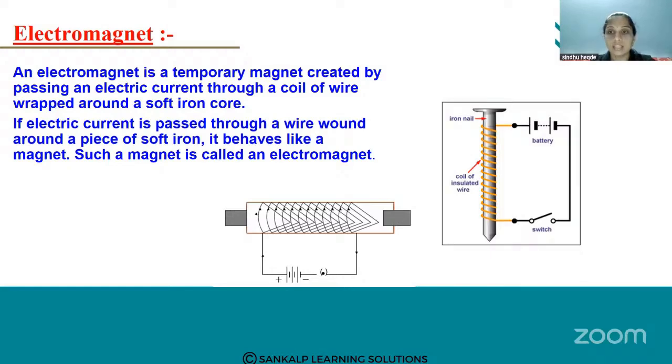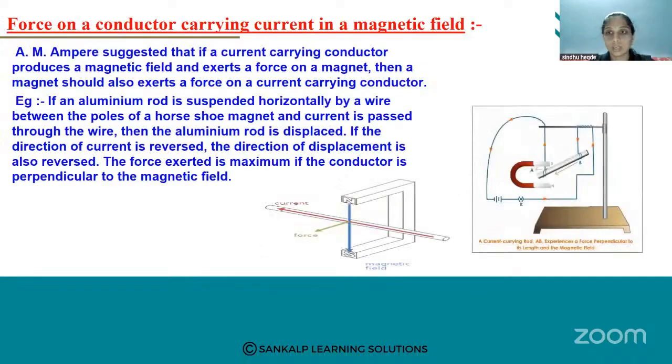Then when the current starts flowing in this coil, what happens? It behaves like a magnet. That is called an electromagnet. If the supply of current stops, then that magnetic field or magnetic property also stops. So that's why it is called a temporary magnet. So this one is also completed.